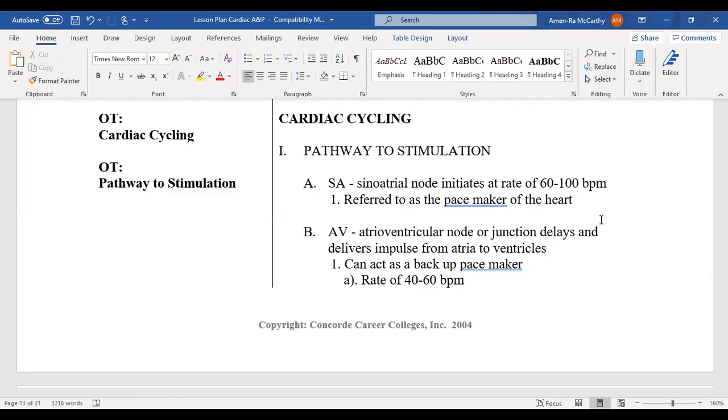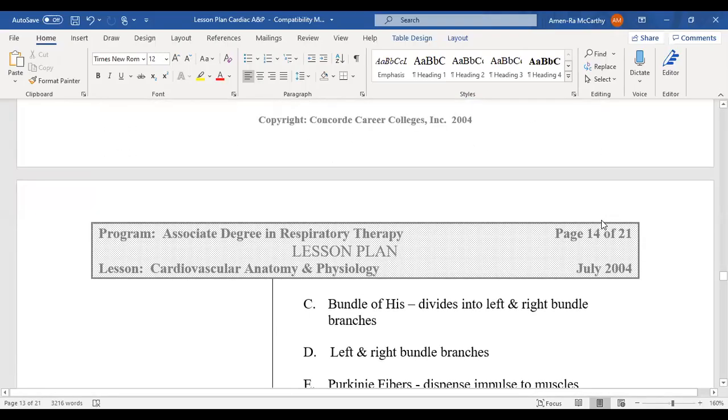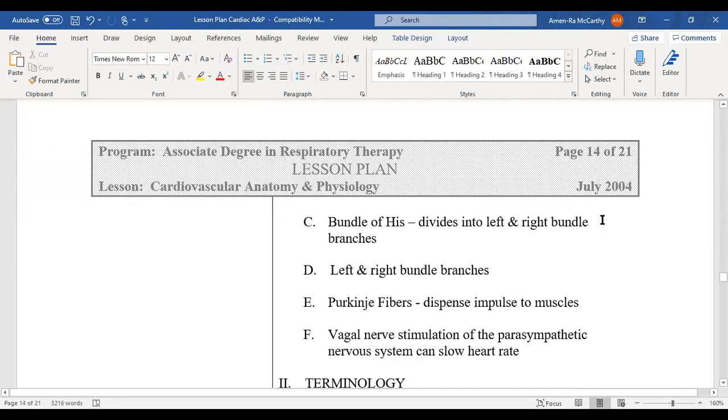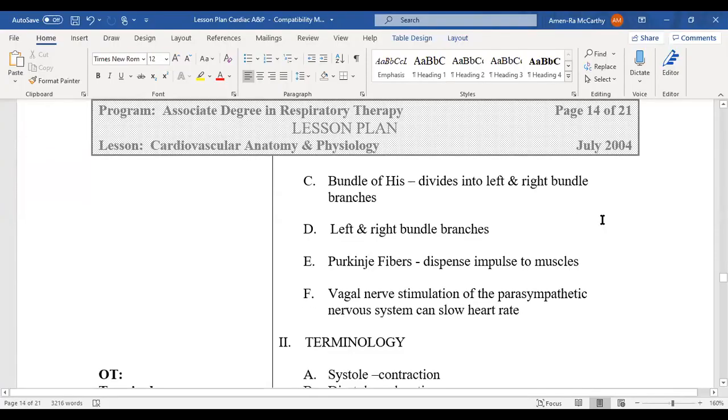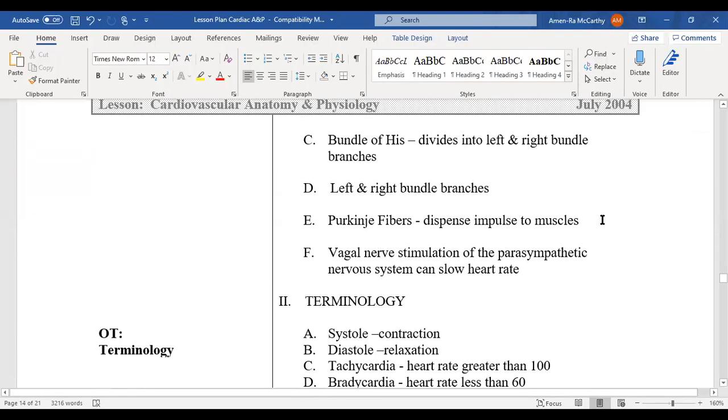The AV node is the backup pacemaker, and it fires at a rate of 40 to 60. After it leaves the AV node, it goes to the bundle of His and then divides into the bundle branches. Good. Then down to the Purkinje fibers, which shock the muscle to make it contract, right?